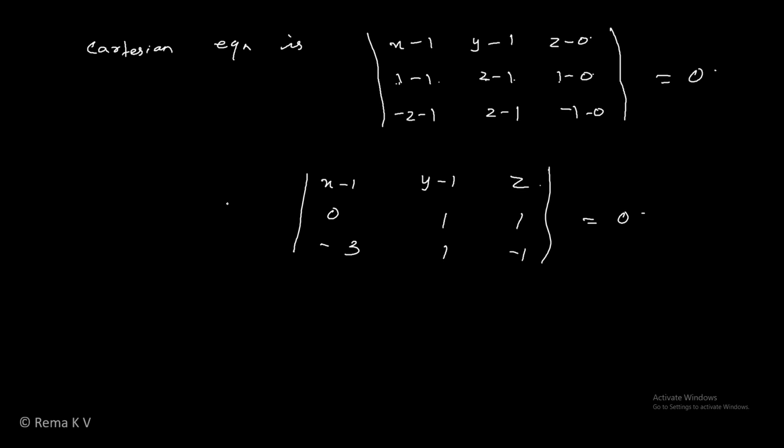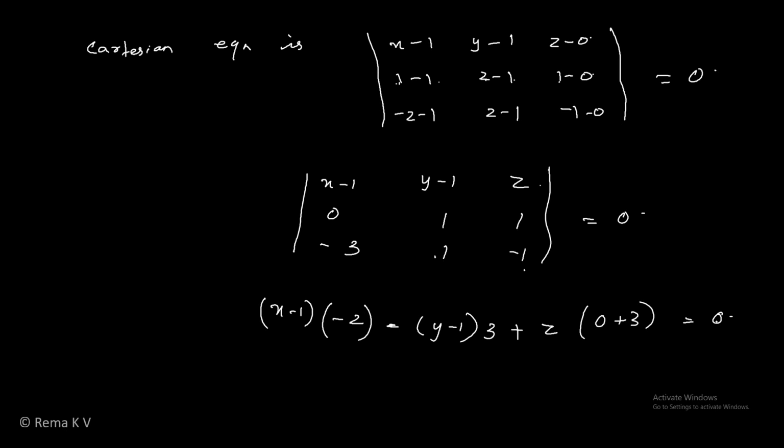Find the value of the determinant. x minus 1 into, expand the determinant, minus 1 minus 1, which is minus 2, minus y minus 1 into, this gives 0, minus minus 3, it becomes 3, plus z into 0 plus 3 equal to 0. So x minus 1 into minus 2, minus y minus 1 into 3, plus z into 3, equal to 0.